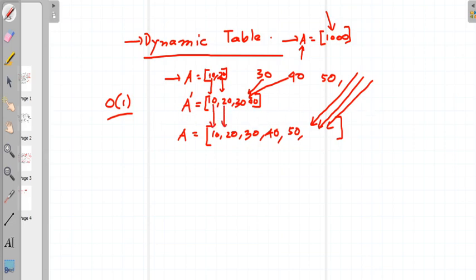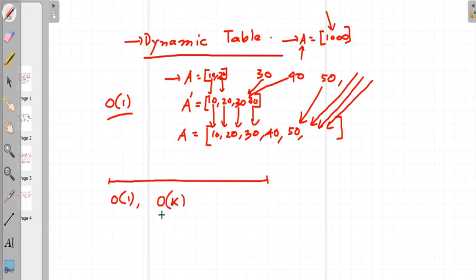We have to copy back the elements so far, double the array, copy back, and then insert this one. So for a sequence of n insertions, many insertion operations happen in order of 1, and a few are expensive, say order of k.